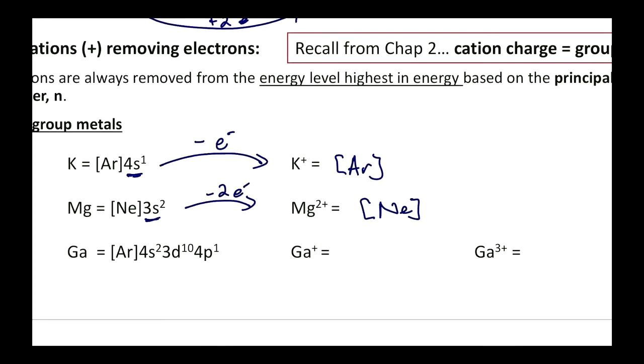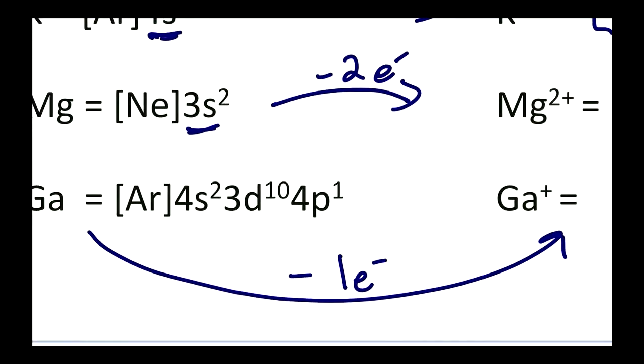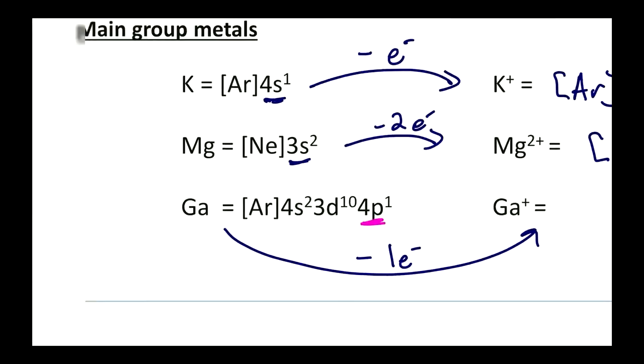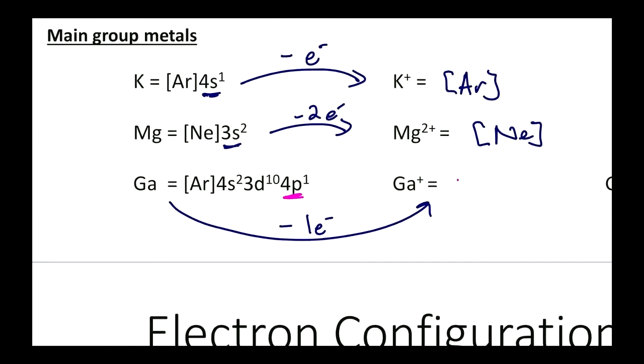If we think about forming gallium plus, we only lose 1 electron, right? So looking at the electron configuration, what electron's most likely to be lost? Just that 4p electron. So if we rewrite gallium plus here, we would be left with argon 4s2 3d10, and that would give me gallium plus.